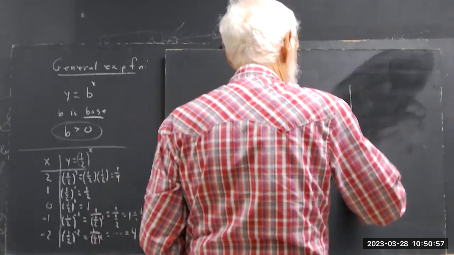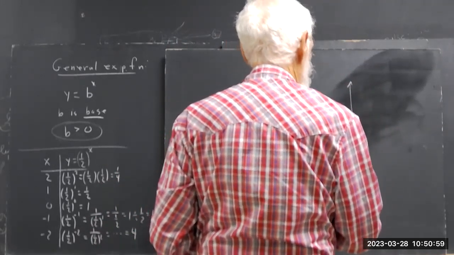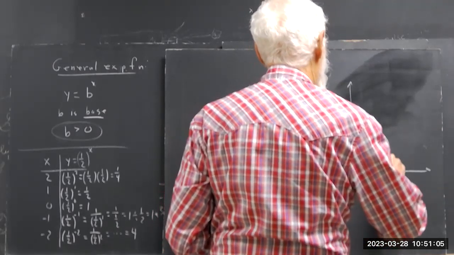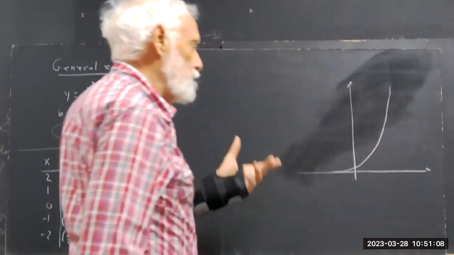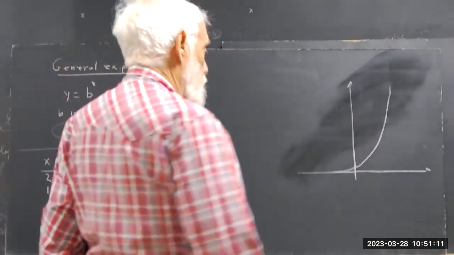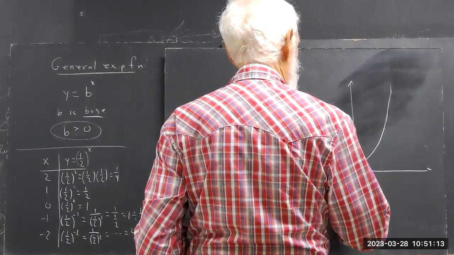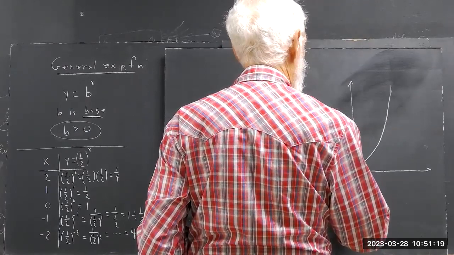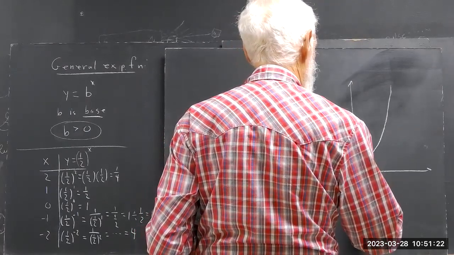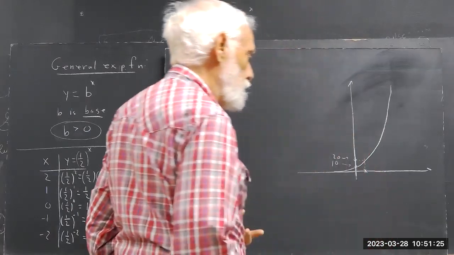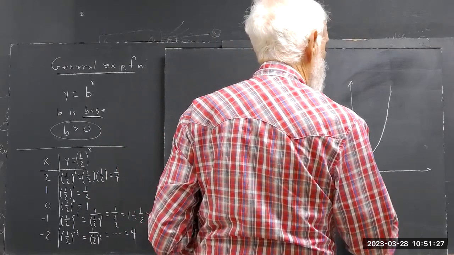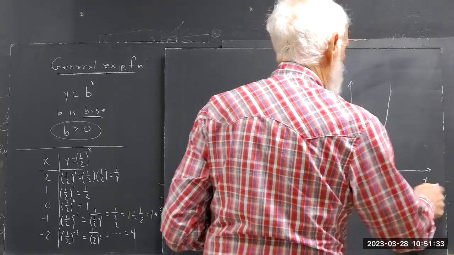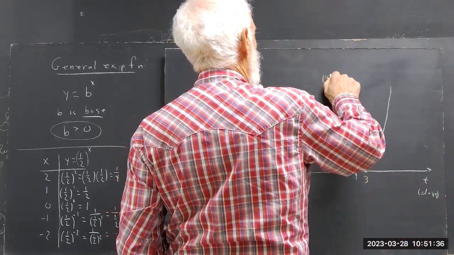Maybe this is what your exponential function looks like. Here 10 goes, now you double that, you get 20. So this is how long it took to double. Here's your time in days, here's your population.